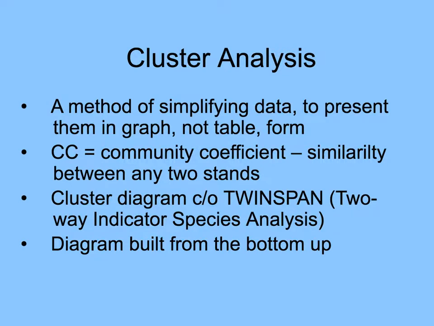And if you're comparing communities, the community coefficient, or CC, is a measure of similarity between any two stands. You can make a visual representation of this using TWINSPAN or other techniques, but TWINSPAN stands for two-way indicator species analysis, in which the diagram is built from the bottom up, from what species are present and then other characteristics.